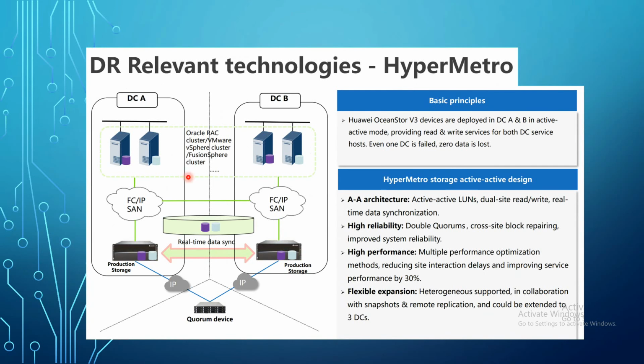If you want to write something here, it will write at the same time on both storages. So both storages are active. So you can send a request to DCB or DCA. Both will be providing the services.